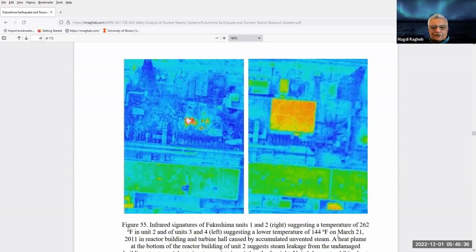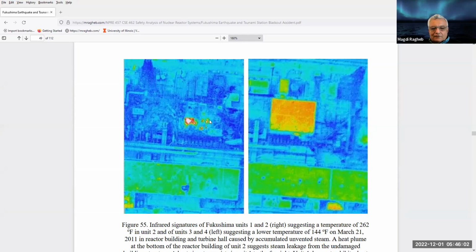So they stopped operation. This is a picture from above units 1 and 2. This is unit 2 here. That's probably because the roof was not blown up. And on the right is unit 1. And you could see here, this is an infrared picture, so it shows the heat generation inside the plant.